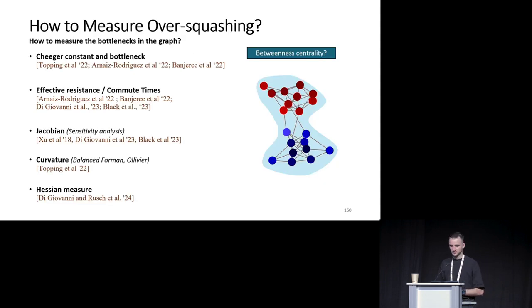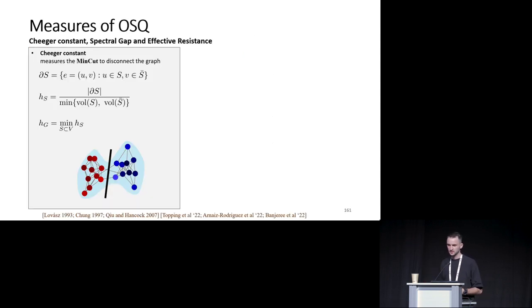How do we measure oversquashing? As you can imagine, we can measure it with the Cheeger constant, the effective resistance. There are a lot of ways. We will upload these slides, so you also can have access to them in the web page that we will show later. The long story short is that the Cheeger constant that we talked about in the beginning, the size of this bottleneck, we can measure it like that.